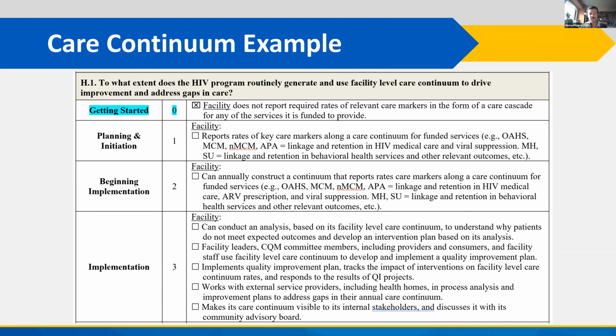Facility can annually construct a continuum that reports rates of care markers along a care continuum for funded services. So, for example, OAHS, medical case management, non-medical case management, APA, might use linkage, retention, and HIV medical care, ARV prescription, and viral suppression. Whereas mental health and substance use will use linkage and retention in behavioral health services and other relevant outcomes to behavioral health services.